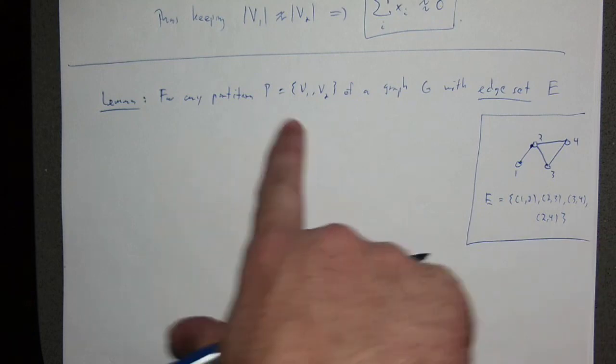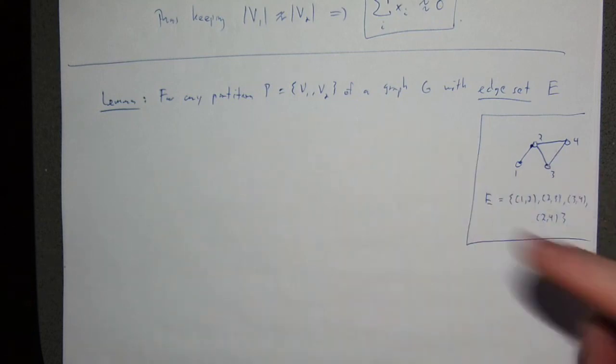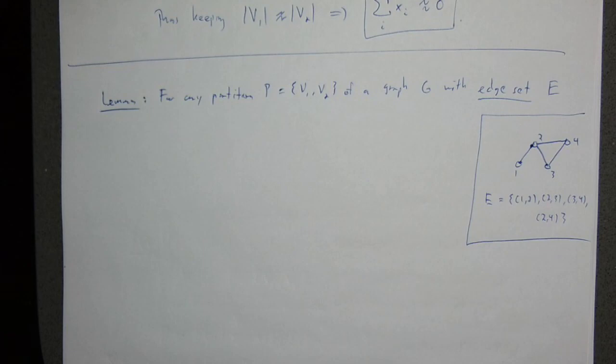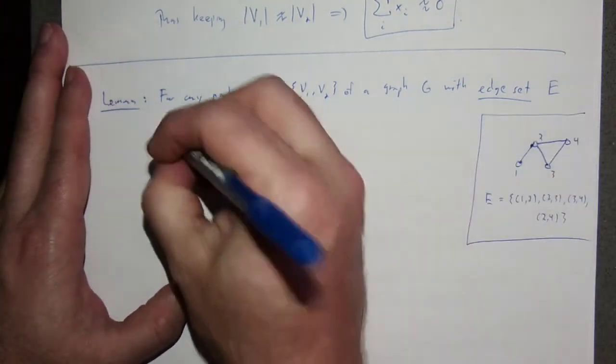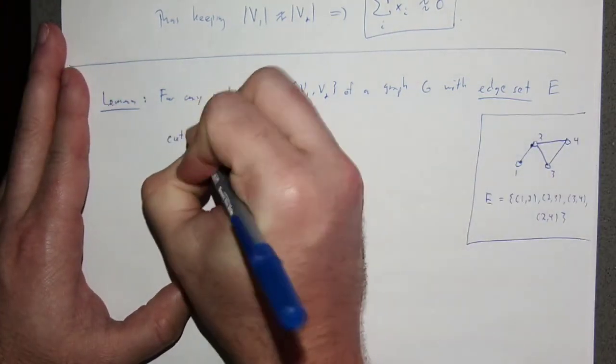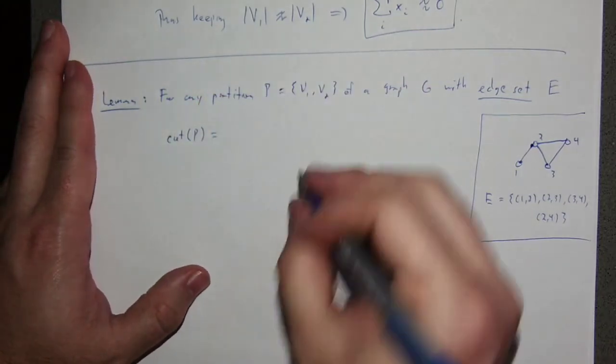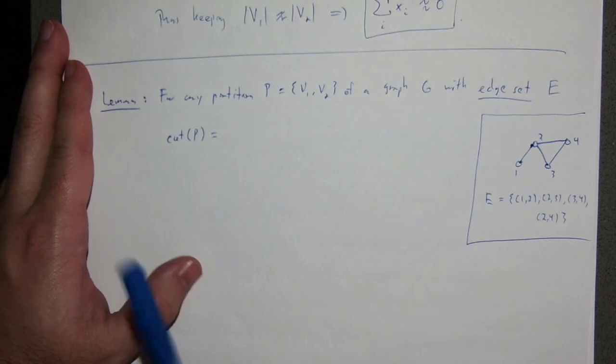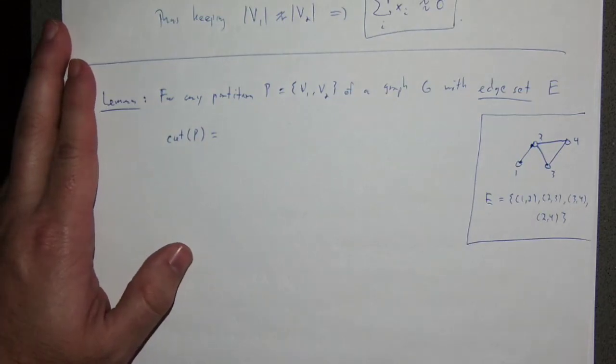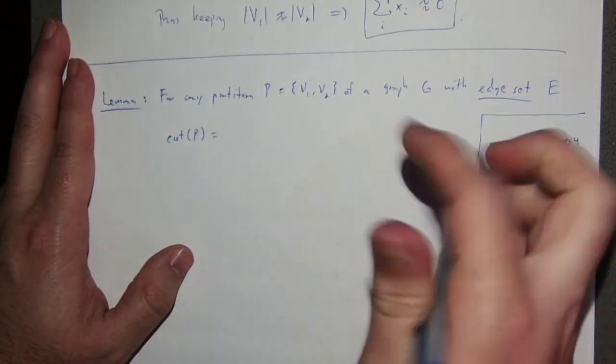So anyway, I have partition P of graph G with edge set E, and in this case I can directly compute the cut in terms of the sum over this vector x, summing over the edge set.